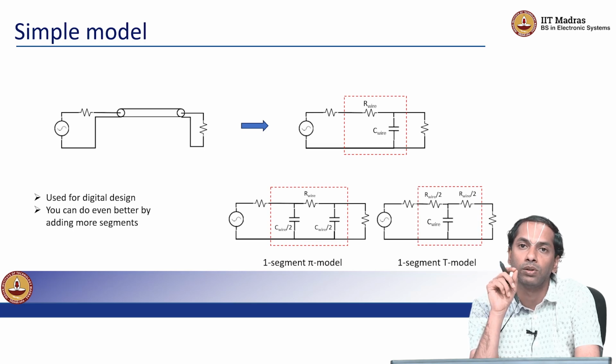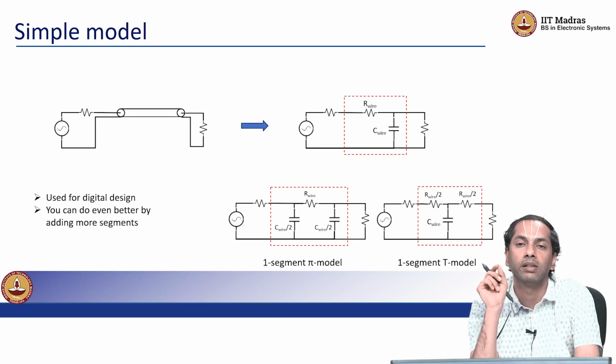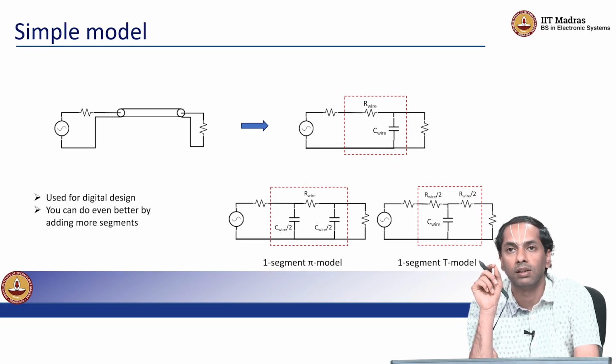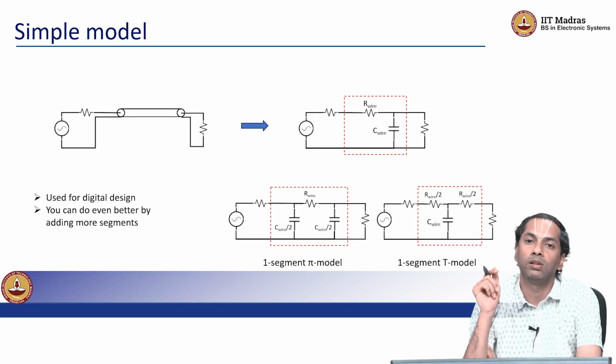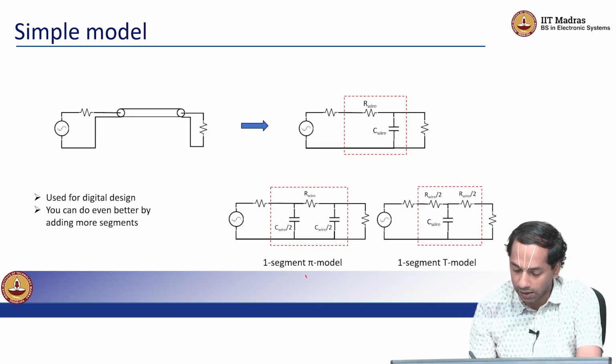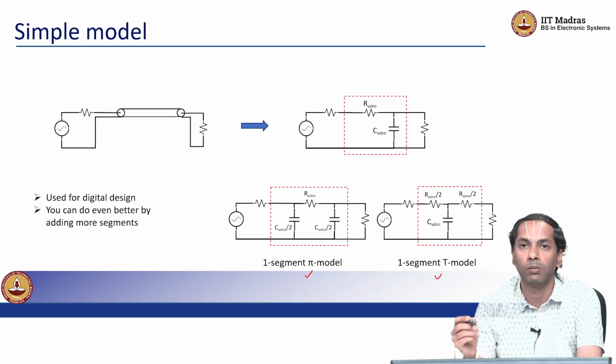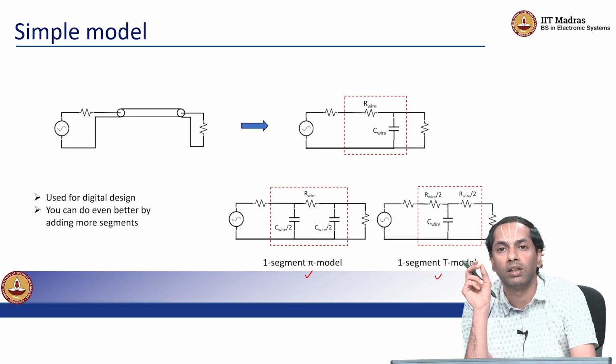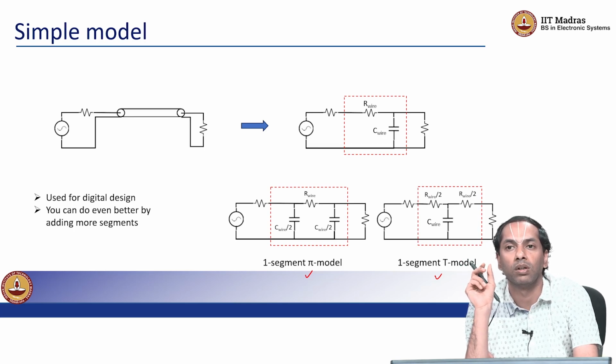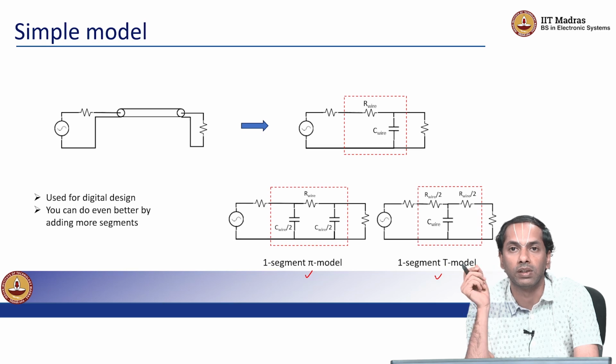And it is actually able to do quite well in predicting the delays of the interconnects to a very high degree. And instead of lumping the resistor and capacitor into a single element, you can also divide them up into what are known as the pi and T models, where you distribute the capacitances to the input or the output of the resistances, and they do a better job of fitting.